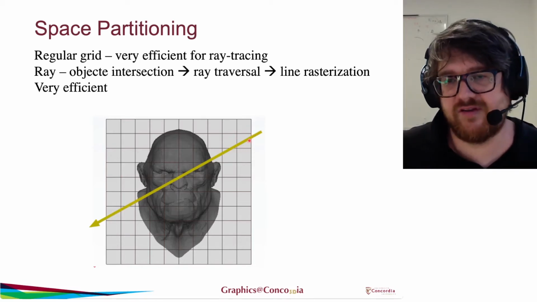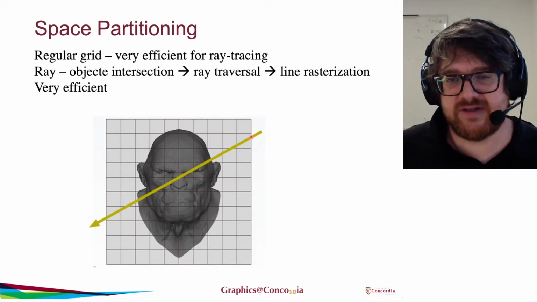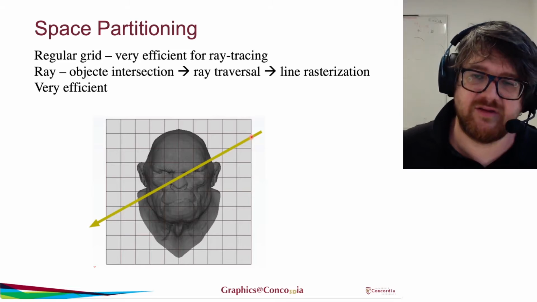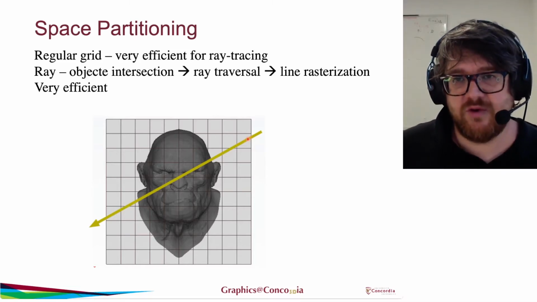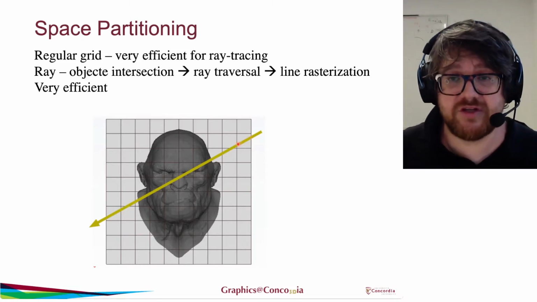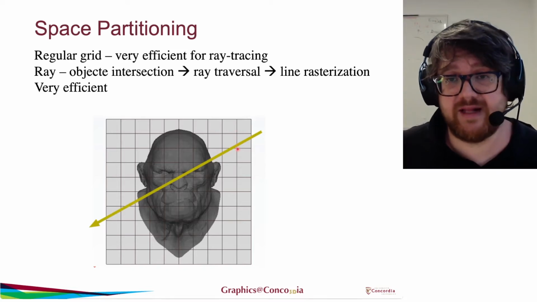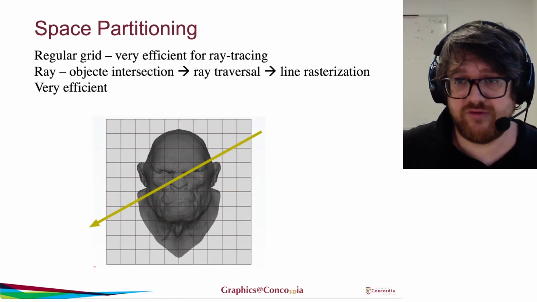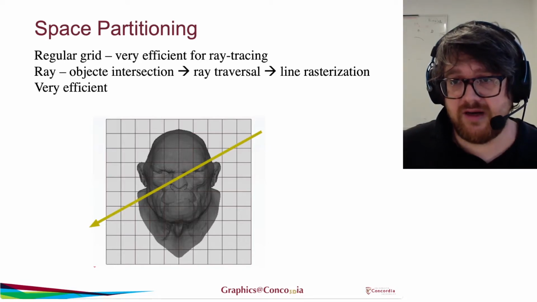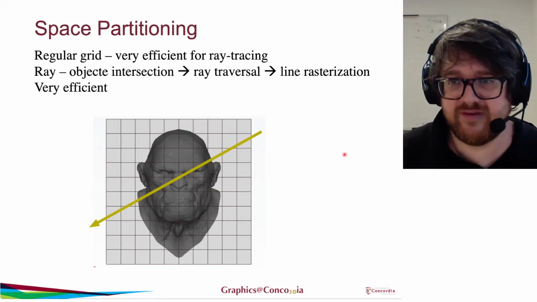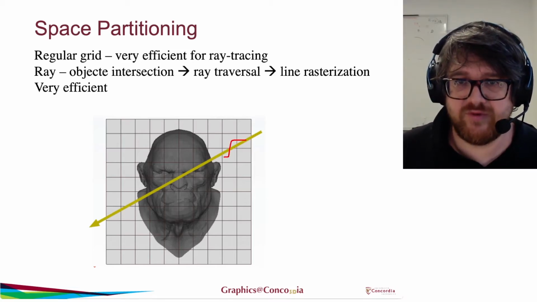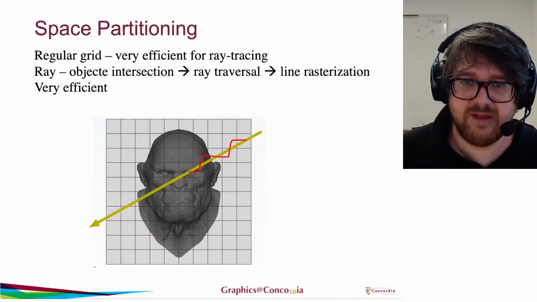When the ray enters a voxel, based on the direction of the ray and the intersection point, you can compute very efficiently where it is going to exit, and based on where it exits, you know the next cube, and so on and so forth. So essentially, you can trace the ray simply by tracing the cubes that are intersecting.